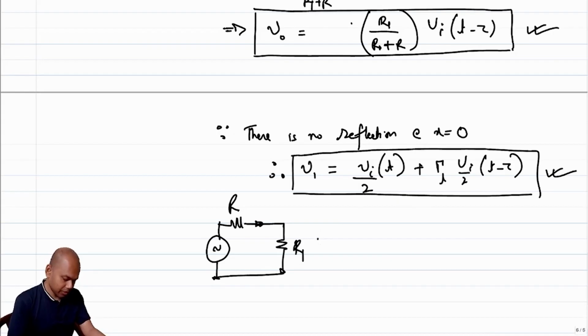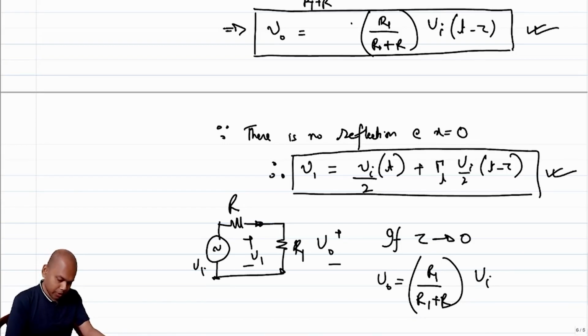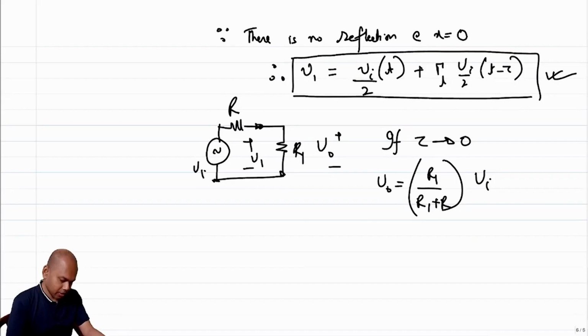So which essentially means that your V0 is the same as V1. So if tau tends to 0, let's see whether this makes sense. If tau tends to 0, your V0 essentially becomes R1 by R1 plus R times Vi, right? So that's what it is supposed to be. But what is V1?